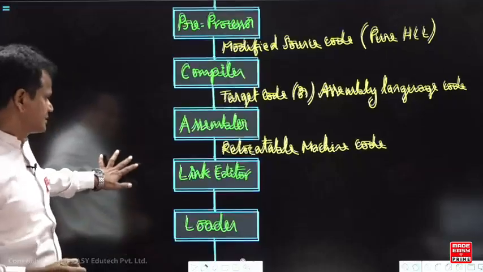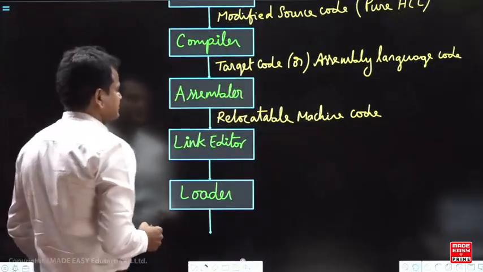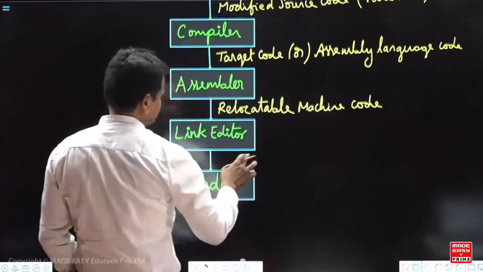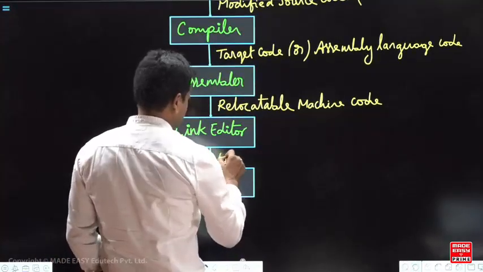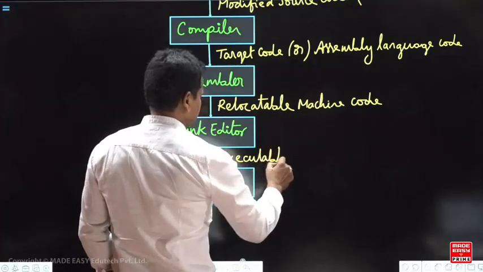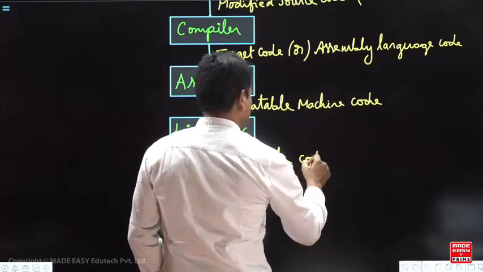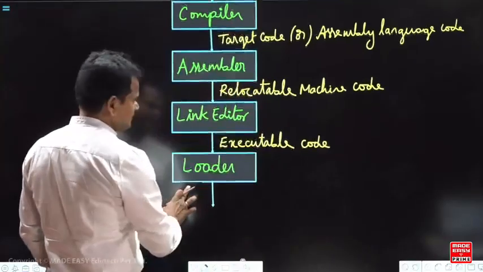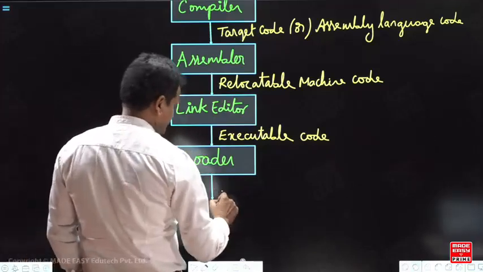This relocatable machine code is given as input to the link editor, and the link editor produces the executable code as output. And the loader finally loads that code and makes it ready for execution.